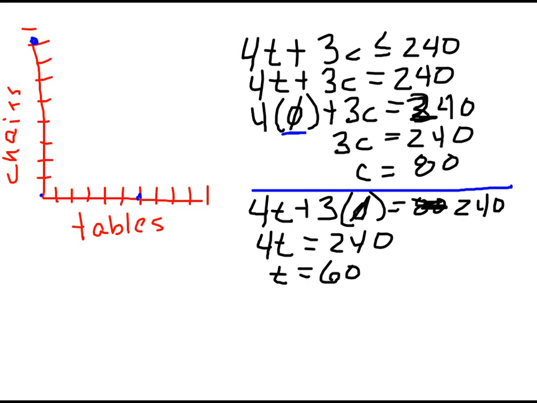And now what I do is I just draw a line between these two spots. What this means then is that my first constraint says that I can't have any values to the right of this line.